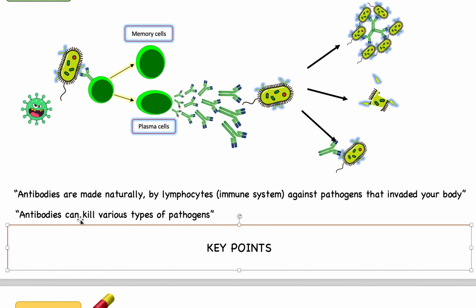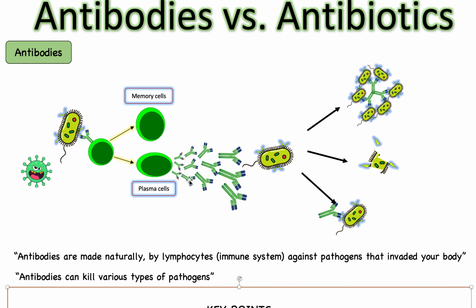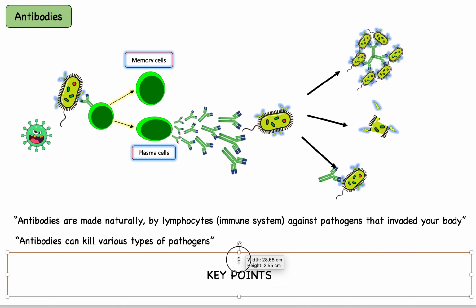So point two is antibodies can kill various types of pathogens. So what I mean by this is this antibody, okay? It can kill a virus, it can kill a bacteria, it can kill a parasite, it can kill many types of pathogens. Okay, so it's not like antibodies can only kill bacteria. No, they can kill various types of pathogens. Bear this in mind.